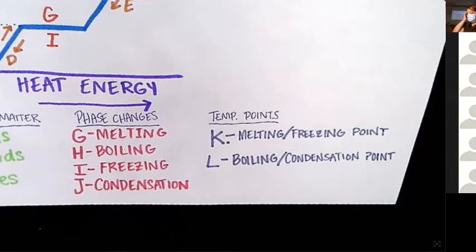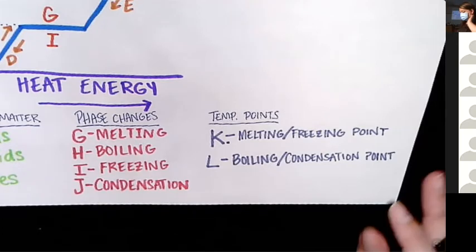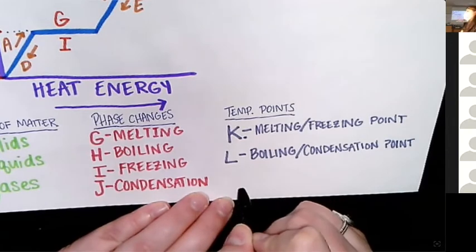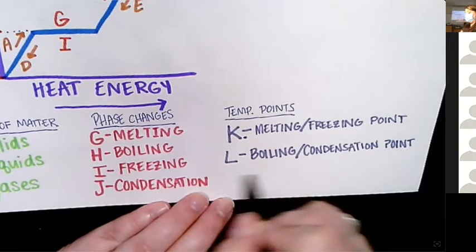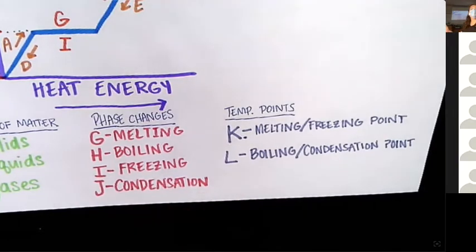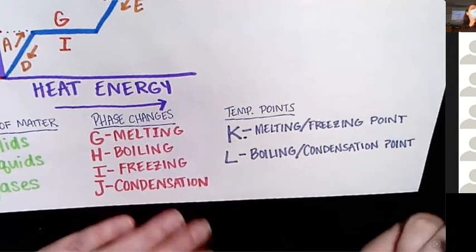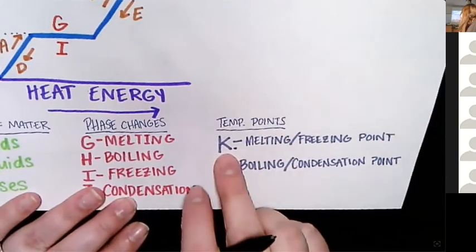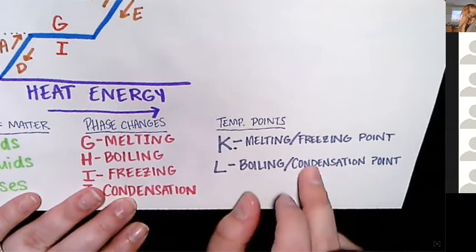There is one other thing you need to know. And if you have room, you can write it down underneath here. That's where I'm going to put mine. But if you don't have room down here, you can put it up here or over to the side, wherever you've got room. So temperature points, K and L, we've got our melting/freezing point, boiling/condensation point.